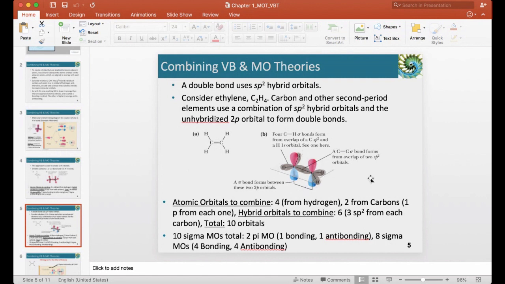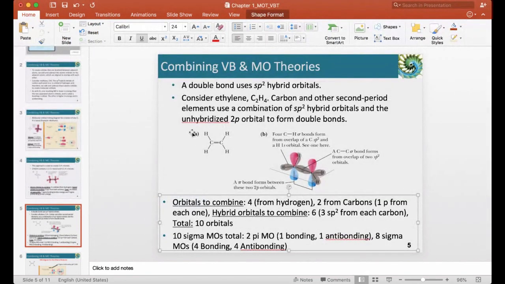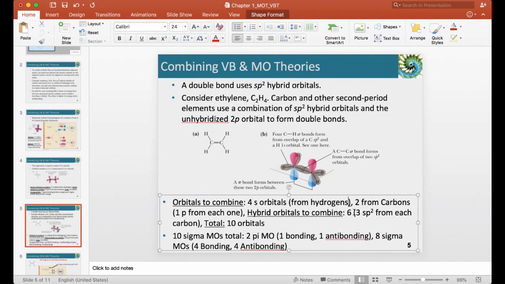So if we want to build the molecular orbital diagram for the molecule of ethene, first thing first we need to see how many atomic orbitals or hybrid orbitals we are going to combine. So we have 4 hydrogens, each one having one s orbital, so 4 s orbitals from hydrogens. There are also 2 p orbitals from the carbons.